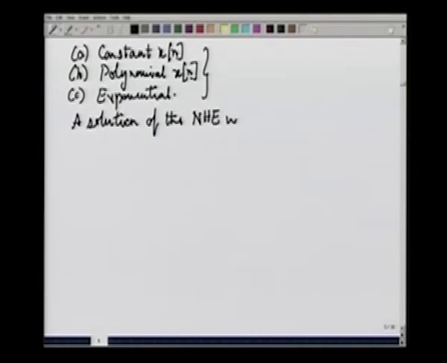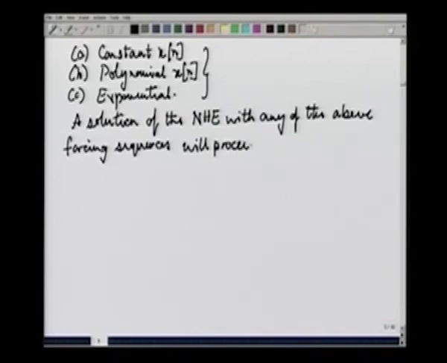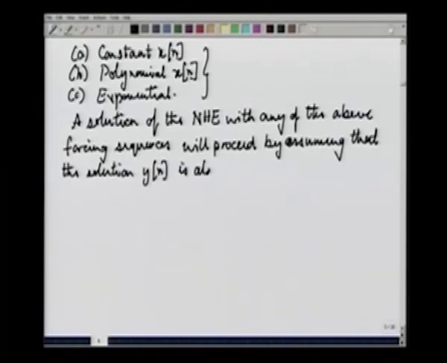A solution of the NHE with any of the above forcing functions, forcing sequences, will proceed by assuming that the solution y[n] is also a sequence of the same type.